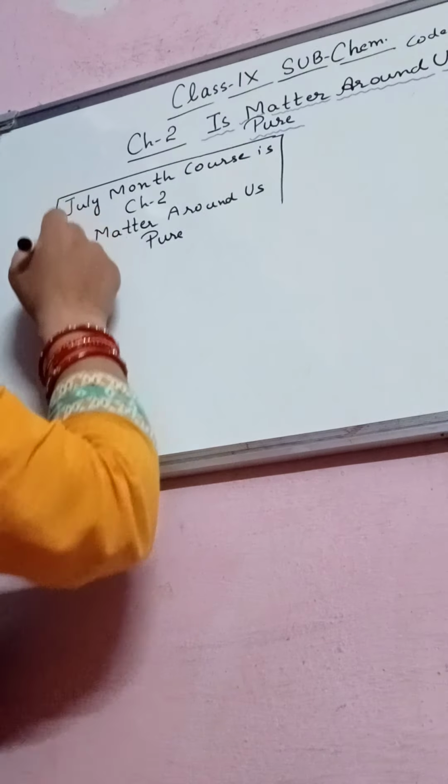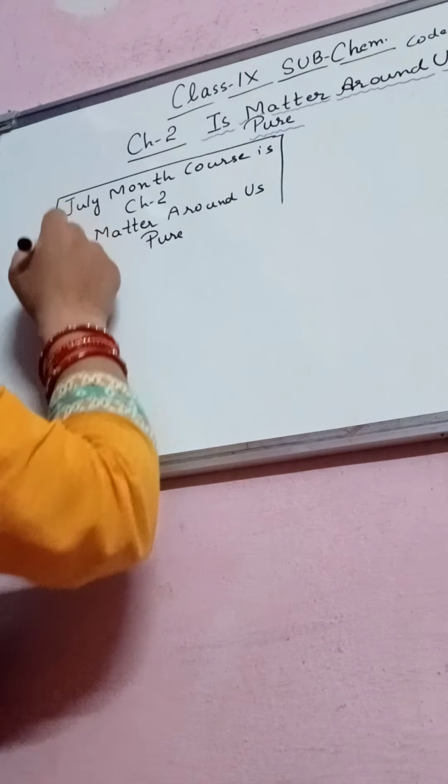Now students, on page numbers 14 and 15, first I am going to tell you that when you go to a general store, you can ask what a pure substance is.